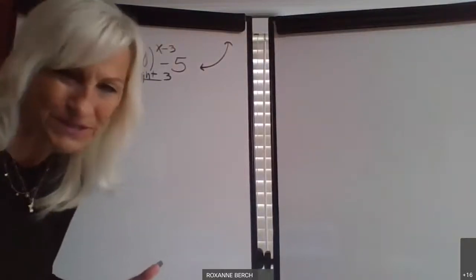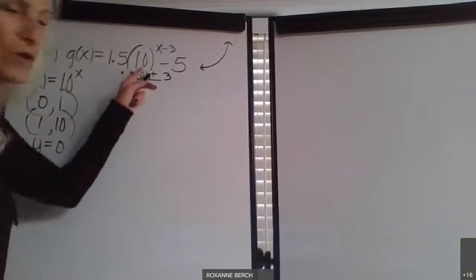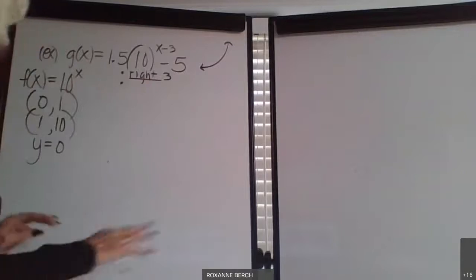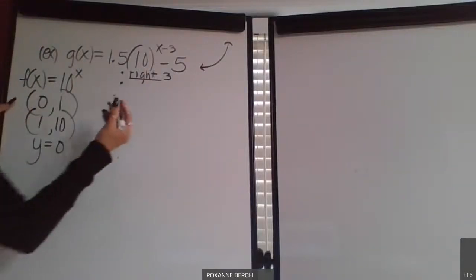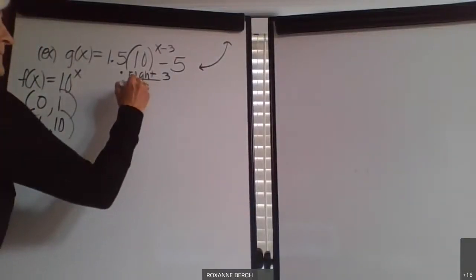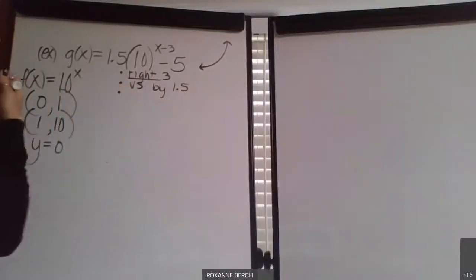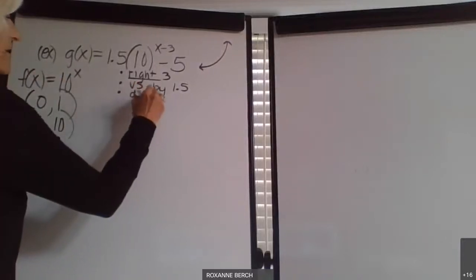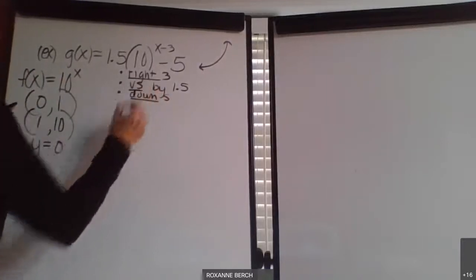The parent has nothing to do with the transformation. That is not a vertical or horizontal anything. It's not left or right. That is the parent. Okay, so go ahead. I'm listening. Vertical stretch by 1.5. And what else? Down 5. Down 5. Good job.